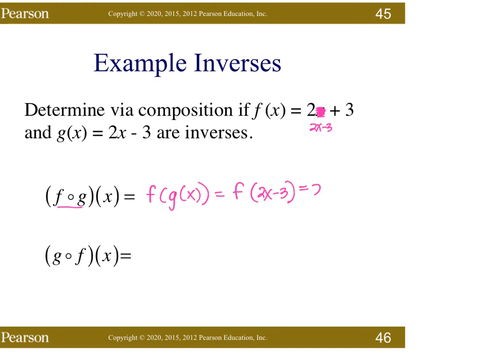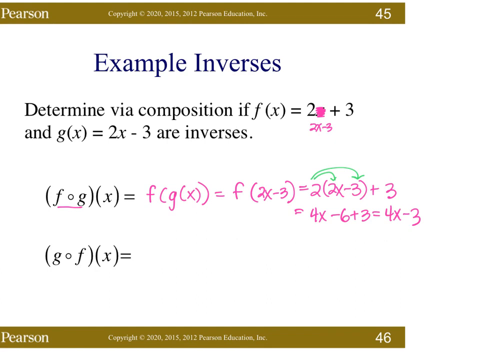So that's going to give me 2 parentheses 2x minus 3 plus 3. I'll do a little distributing of the 2 on the outside. Oops. That will give me 4x minus 6 plus 3, or 4x minus 3.